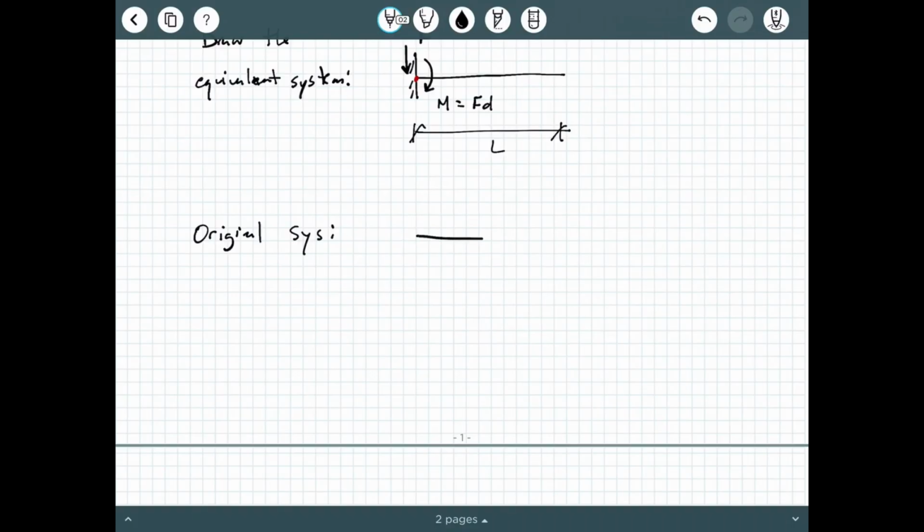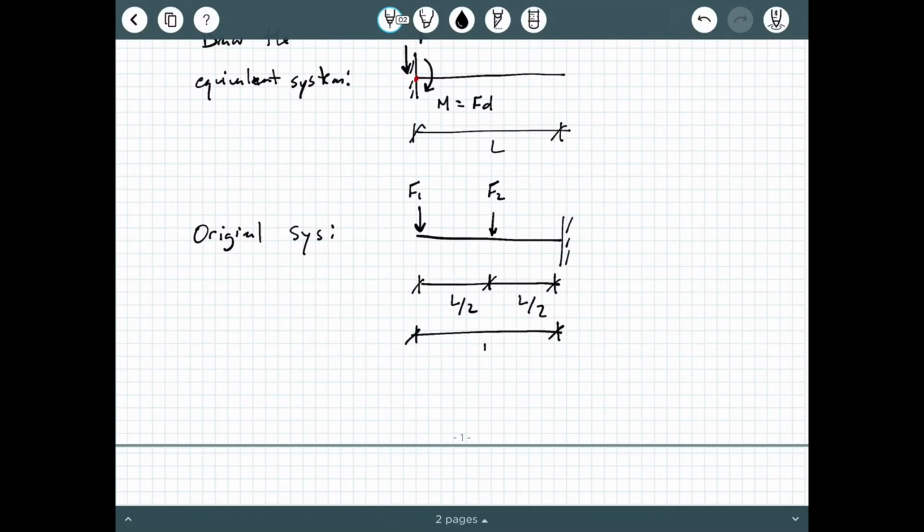In this system, I'm going to make another cantilever beam, and I'm going to call this F1 and this F2, and I'm going to call this total length L, and I'm going to say F2 is at the halfway point, L over 2. If you want to, you can put the whole length here as well, L. So I want us to draw an equivalent system.